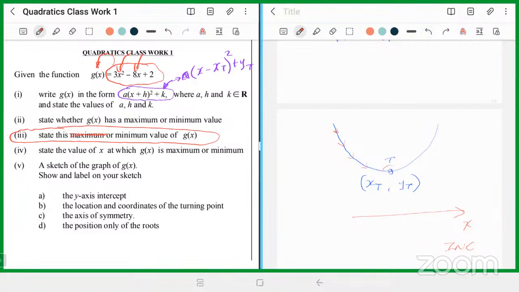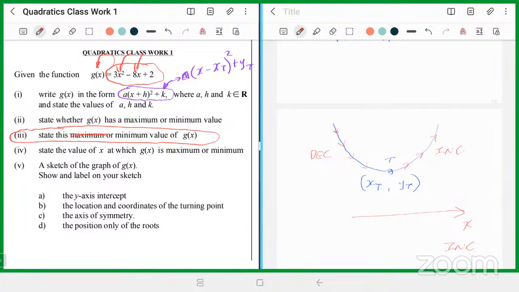When you get to this point, it decides not to decrease anymore. Then as you pass through this point, your Y values start increasing again. Over here, your Y values are decreasing. Over here, your Y values are increasing.